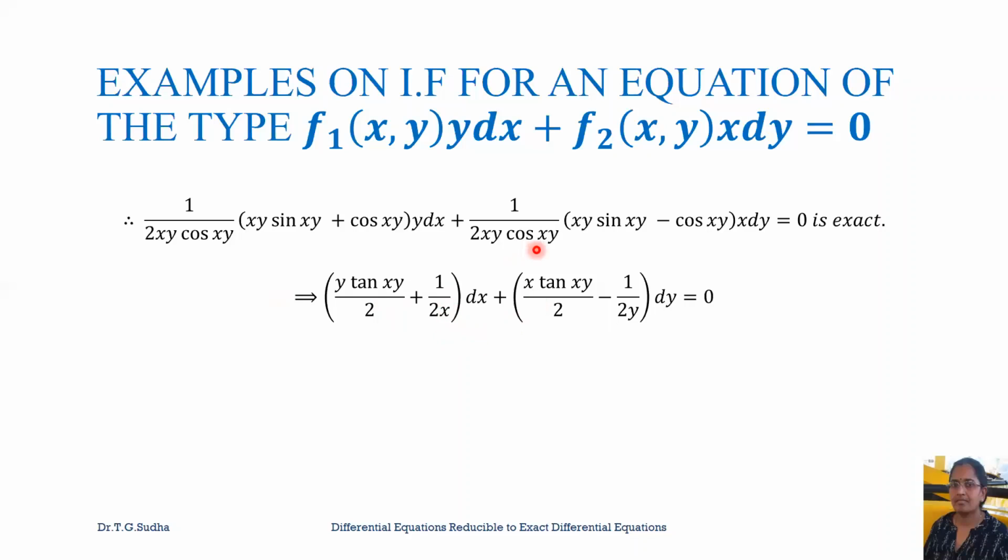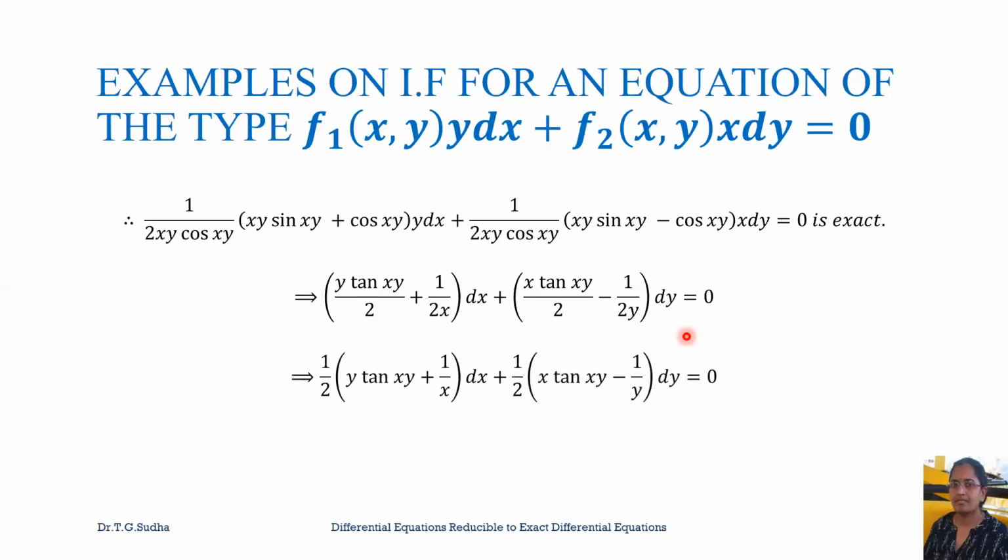And from the second term, we get (x tan of xy by 2 minus 1 over 2y) dy equal to 0. Now this is the differential equation obtained after multiplying by the integrating factor, and this is exact.